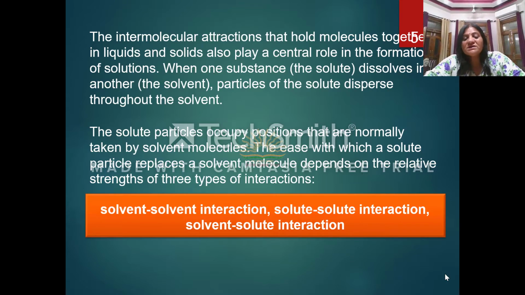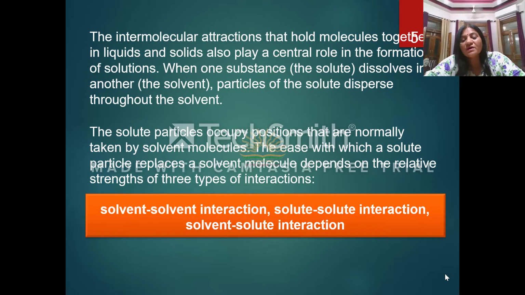The ease with which a solute particle replaces a solvent molecule depends on the relative strength of three types of interactions: solvent-solvent interaction, solute-solute interaction, and solvent-solute interaction.